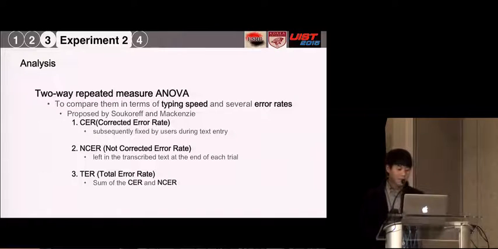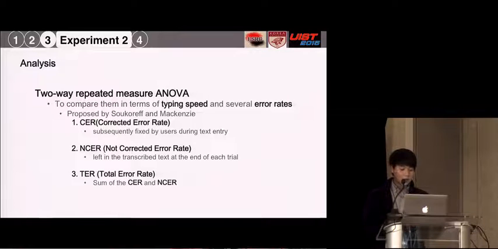To compare the 3 different keyboards with respect to typing speed and error rates, we used a 2-way repeated measures ANOVA. To measure typing speed, the WPM metric was used, and several error metrics were used to measure error rates.